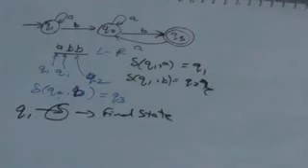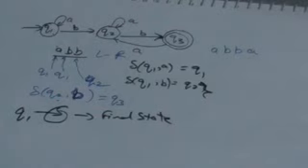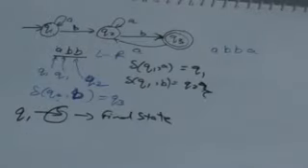Now let's find the transition for another input string, A B B A. Right? A B B A. When it reads an input string, it starts from the initial state.